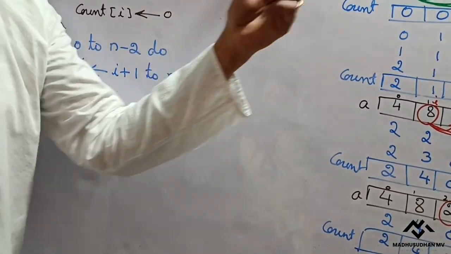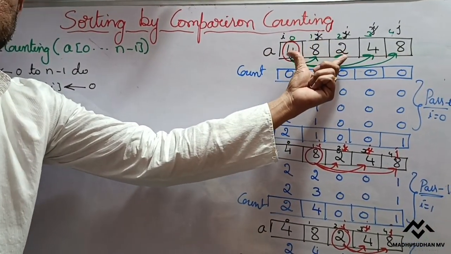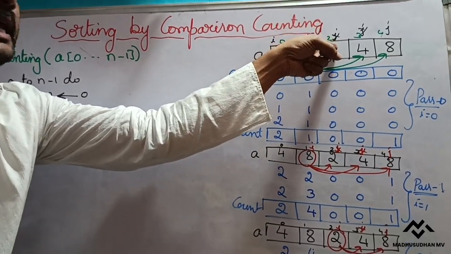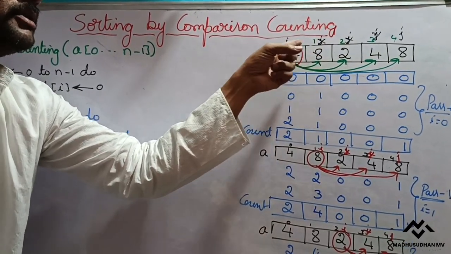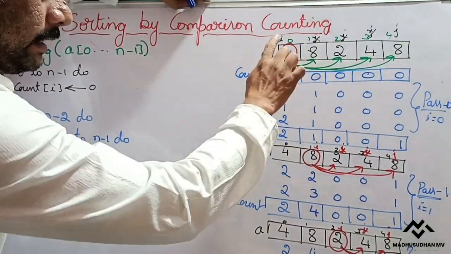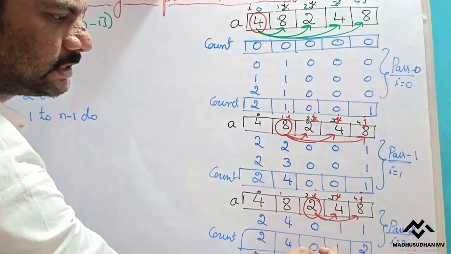Now what we did, we compared this element, that means a of i less than a of j. If it is lesser, I'm incrementing the jth element. Suppose this is, for example, 2. 2 is lesser than this one. Yes, we incremented this jth one.